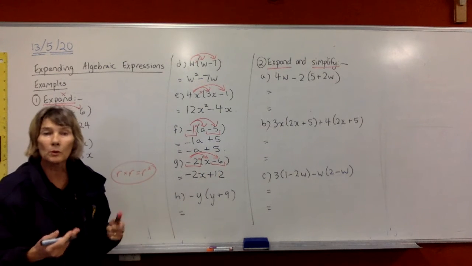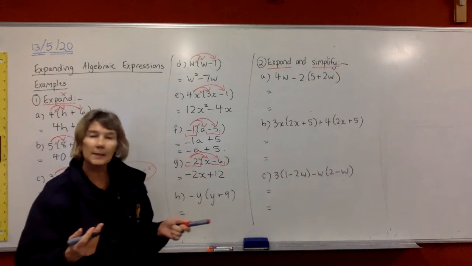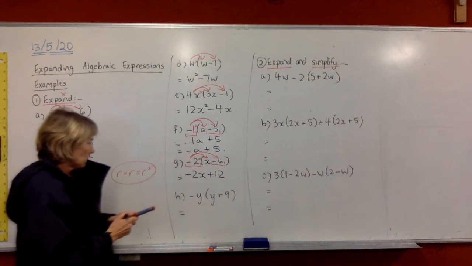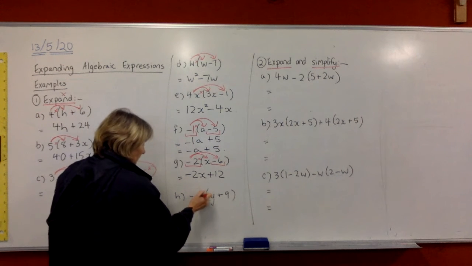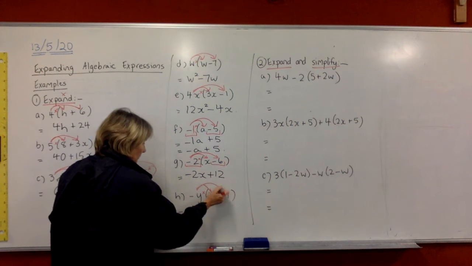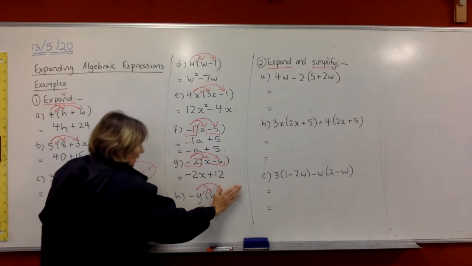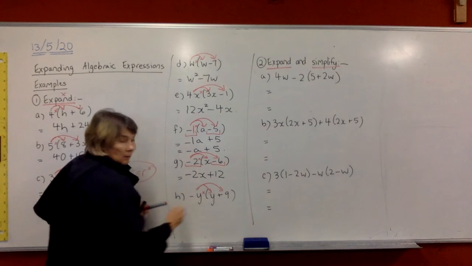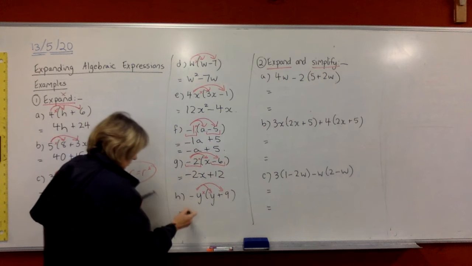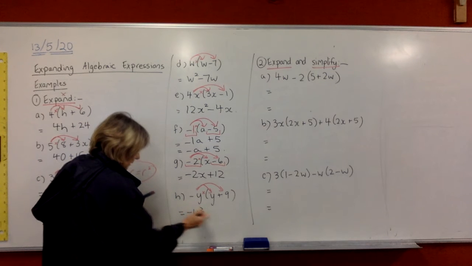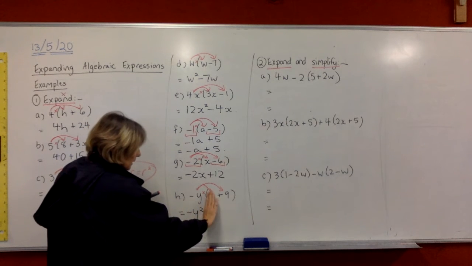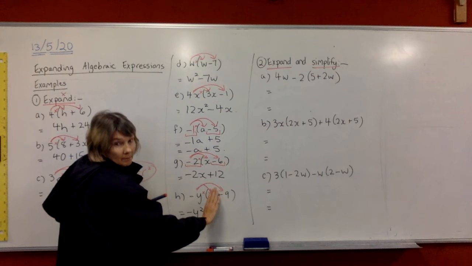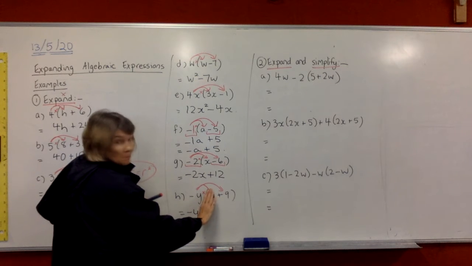If it's a negative, the calculator will tell you negative. If it doesn't say anything, it's a positive. Alright, in the next one, put the times in. Minus y times y is y squared. Then minus y times positive 9 is minus 9y.